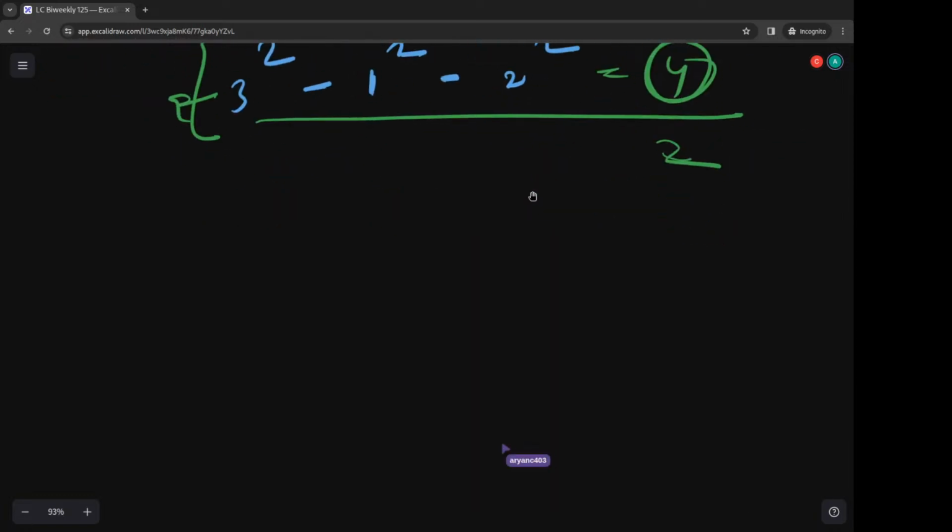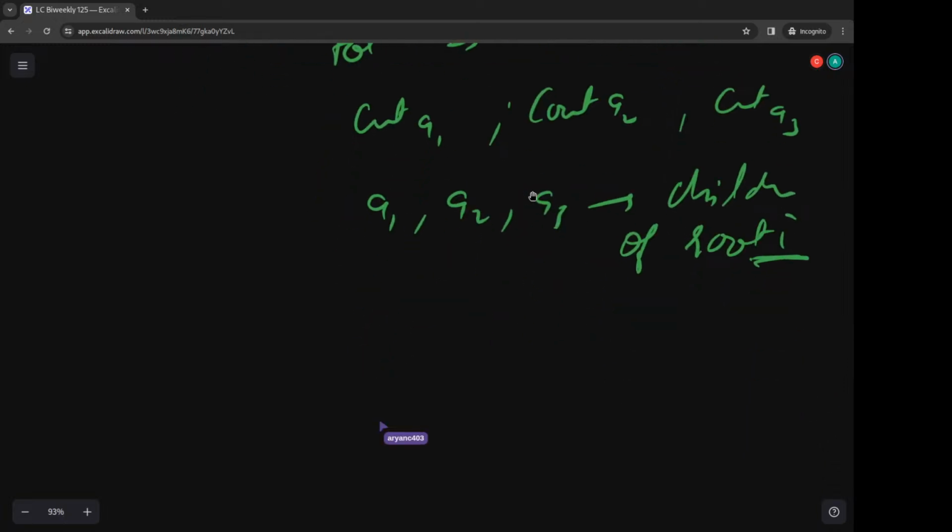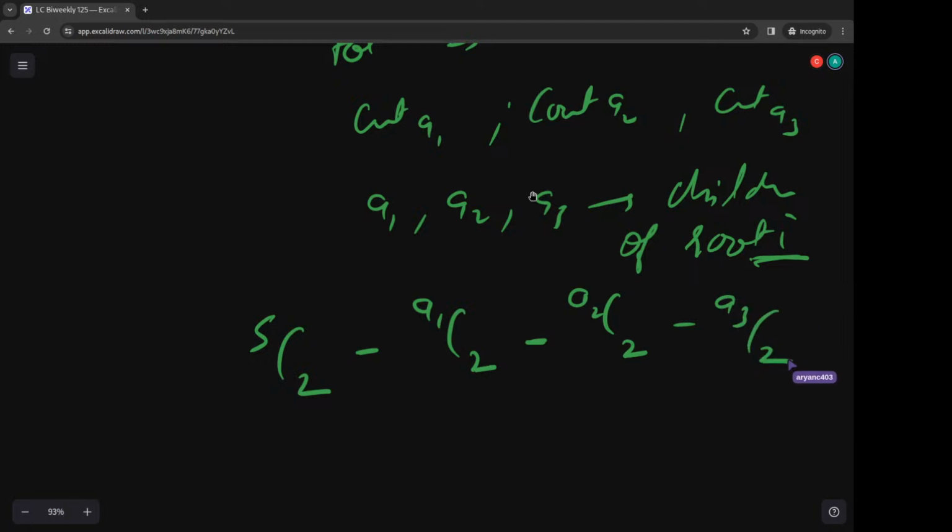So the other way is, if total is the total number of nodes at given distance, and count A1, count A2, count A3, etc., where A1, A2, A3 are children of root I. Or the other way you can do is, if S is the total count, SC2 is the total number of pairs you have, and A1C2 is the number of pairs you have from the first child, minus A2C2, minus A3C2. This denotes the case when both of the nodes were picked from the first child.